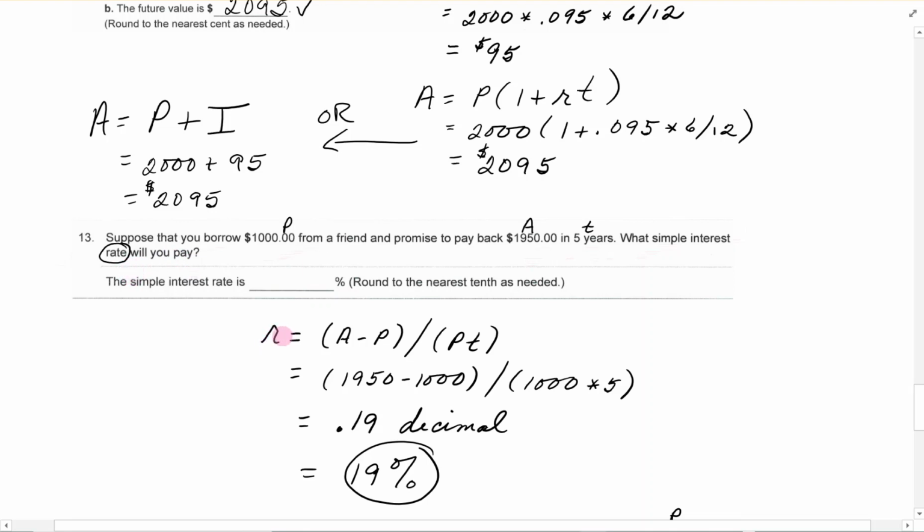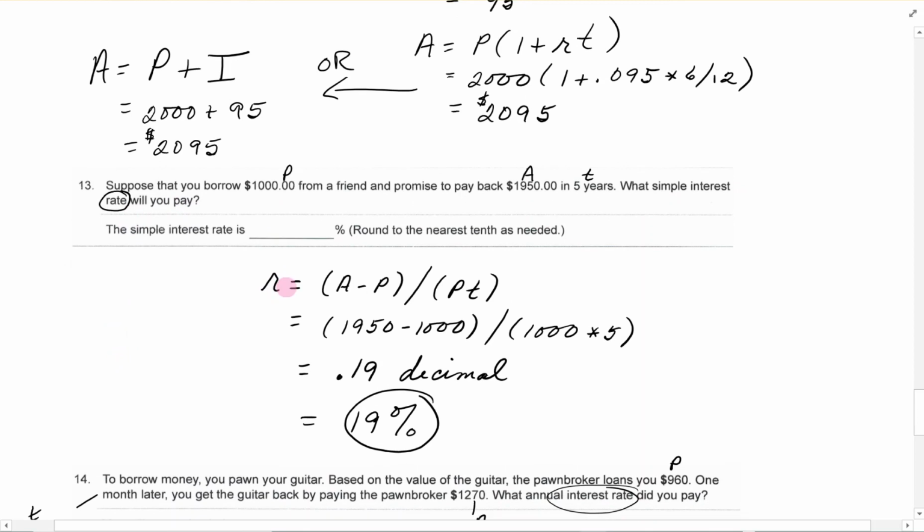Going back to the very beginning of this lesson, you've got your R. Remember that you can go to your extra handouts, or they might be called notes, in my math lab, and you can get all of the formula sheets for each one of the units.